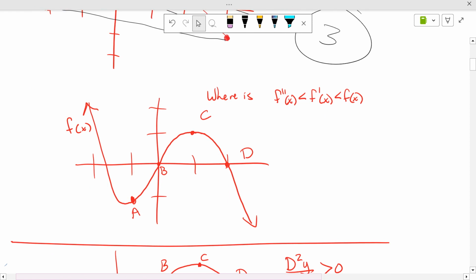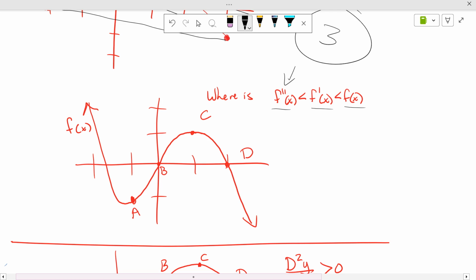This one we had just in a different context in the chapter. Where is the second derivative less than the first derivative, which is less than the function? Well, what is the second derivative? That's concavity, right? Concavity is probably what? Negative. It's probably concave down because it's a negative second derivative. Okay, negative concavity, concave down.